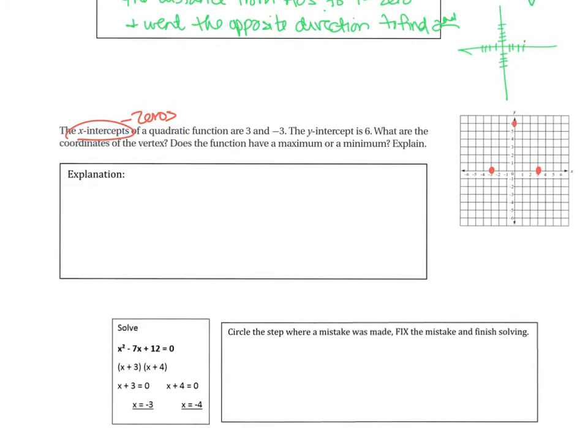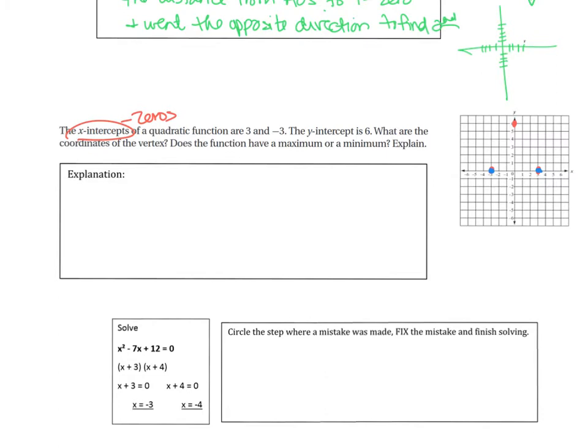All right. What are the coordinates of the vertex? Does it have a max or a min? And explain. So when I look at this, I'm going to ignore the y-intercept for a minute and just do a review of if I know the two x-intercepts, we've done these before, how do I find the vertex? And hopefully I hear you saying that we figure out the middle point between one x-intercept and the other.